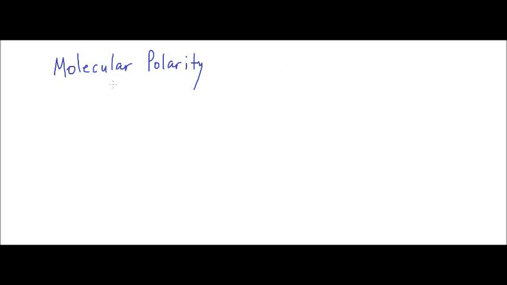In this video, we are going to look at molecular polarity. And typically when we're looking at molecular polarity, we're looking at covalent bonds, right? So we're looking at bonds in which atoms will share electrons. Now, there are two types of covalent bonds.